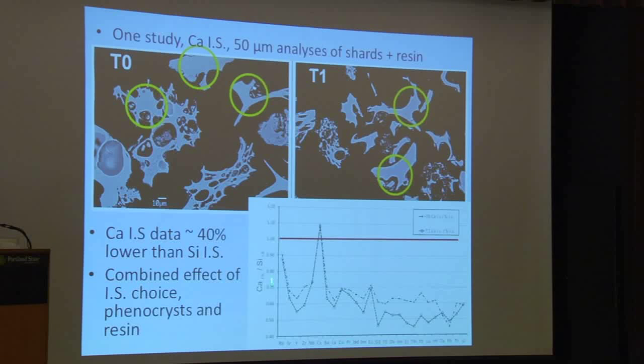And there, when you look at the ratio of the 2 sets of data, their data was about 40% lower than ours, consistently across the board. There's no way on any of these samples you could get a 50 micron analysis on clean glass. They were ablating resin and glass at the same time. And also, you might not be able to see it, but in several of these glasses, there are little hints of microcrysts and phenocrysts as well. And to my mind, that difference was the difference between the two. So you've got to bear that in mind.